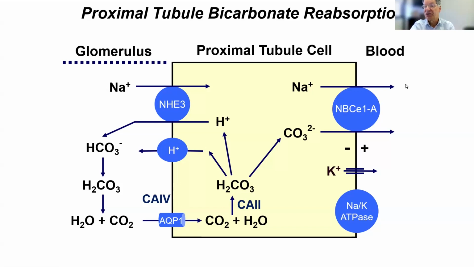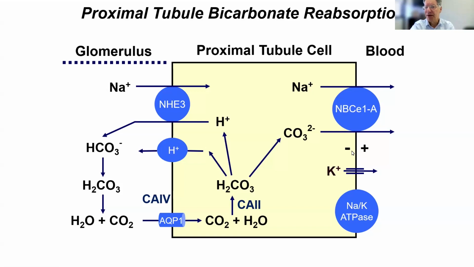It turns out that the sodium gradient and the carbonate gradient are actually in the wrong direction. The sodium outside is 140 here, and the carbonate is higher outside in the blood compared to the inside also. The sodium in the cell is around 20 millimolar. So if it was just the chemical gradients, you'd never be able to absorb carbonate in the proximal tubule. It's only the electrical driving force that exceeds the chemical driving force inward, and that's why we get net transport out.